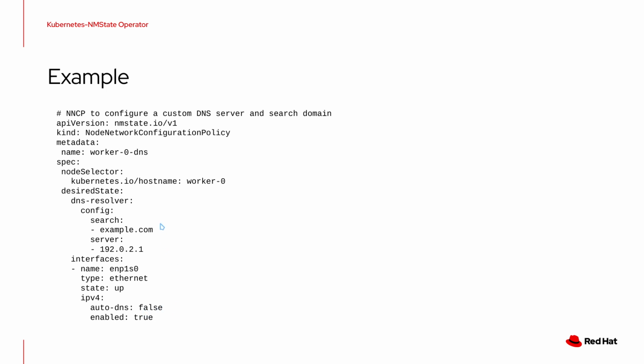The reason for this is NMState needs an interface that it can apply these DNS settings to, and if all of our interfaces are dynamically configured, it doesn't have any place to store it because that may get overwritten by the DHCP values. So if you had static IPs, then obviously you don't need this part, although you have a different interface configuration in that case. But if you are using DHCP, then you'll need something like this that sets auto DNS to false.